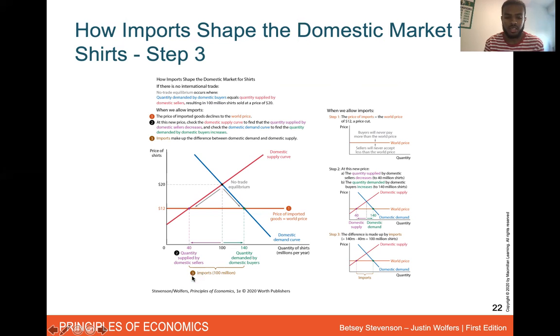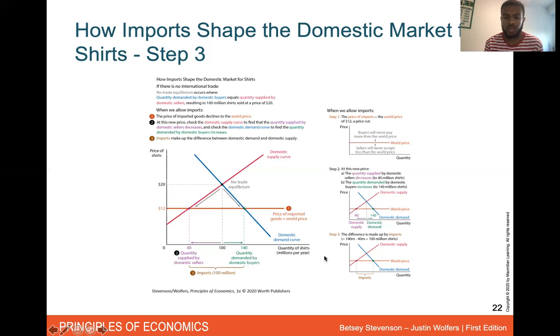This difference here is going to represent the amount imported into the country. So the imports here: 140 million t-shirts demanded by domestic buyers and only 40 million shirts being produced by domestic sellers. So we're going to have this import of 100 million t-shirts.